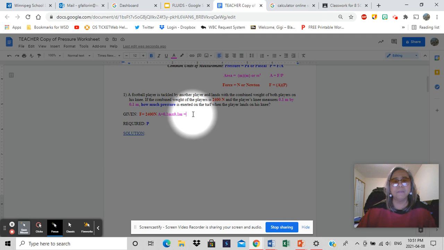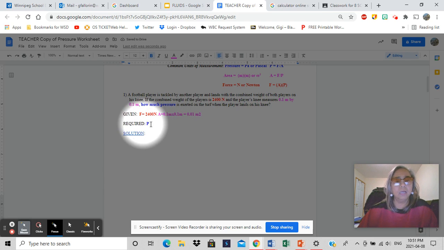So you can just type in here 0.01. And of course, we have meters squared, M2. Now it's clearly asked, how much pressure?